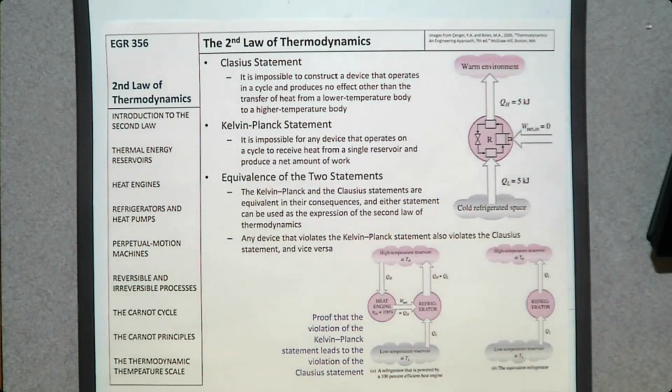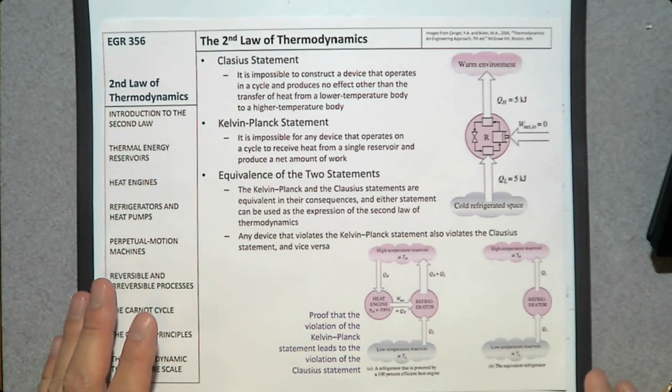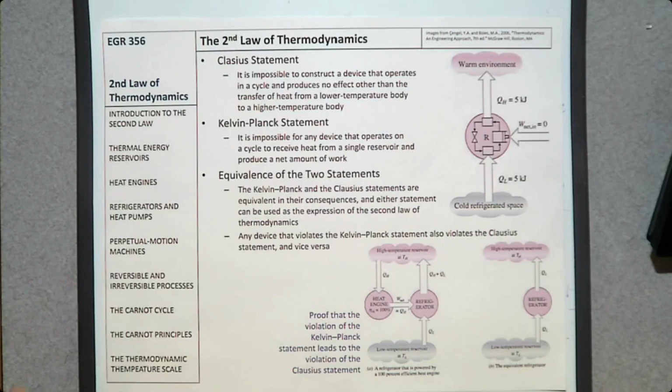The first one is, it is impossible to construct a device that operates in a cycle and produces no effect other than the transfer of heat from a lower temperature body to a higher temperature body.